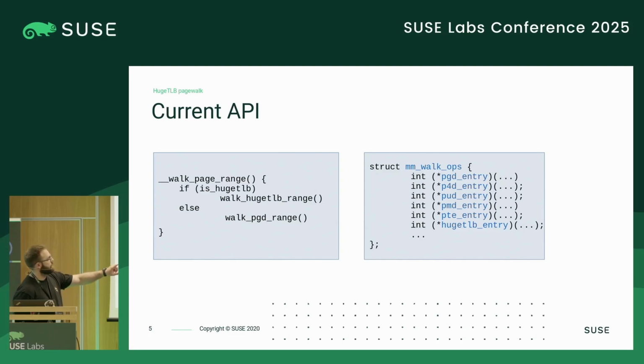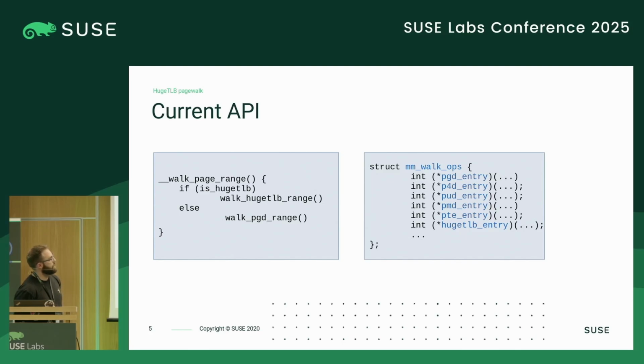On the right side, we have the struct with the indirect callbacks. It has more information, but for the sake of this talk, let's just focus on these ones. As you can see, the last one is the HugeTLB entry, which means that walk HugeTLB range will only call that indirect function.